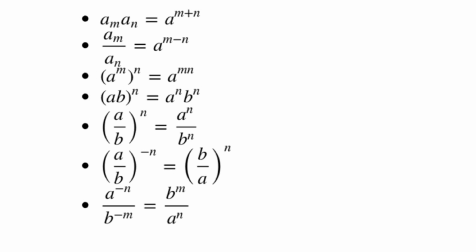So if I have some value, a to the m and then all raised to the n, I can multiply that m and n together. And on the same token, I could separate them too. So if I have a quotient of a negative fraction with an exponent, I can just flip it.